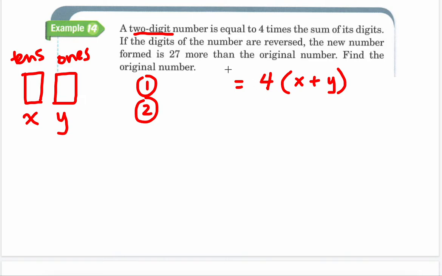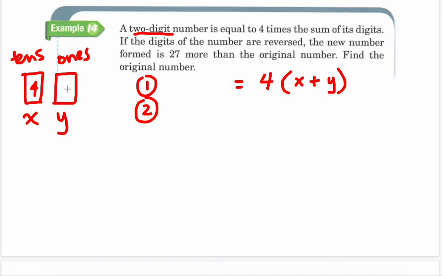All right, going back to the two-digit number part. A two-digit number is equal to 4 times the sum of its digits. So the two-digit number, I can't just put X and Y, right? This two-digit number has a value. My X is in the tens place. So whatever that digit is, let's say if it was 4, it doesn't just represent 4, right?